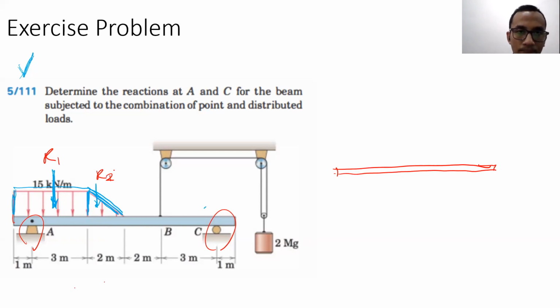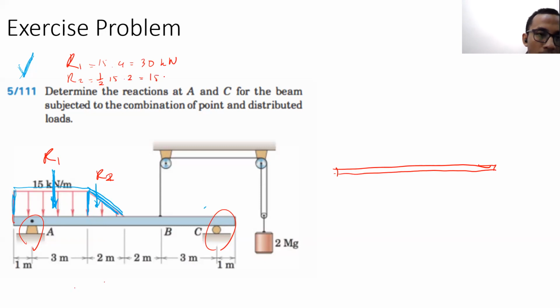For R1, I think you just multiply 15 with 4. Okay, 15 kilonewton multiplied by 4, so it's 30 kilonewton. Then R2? R2 is a triangle, so 1/2 times 15 times 2.